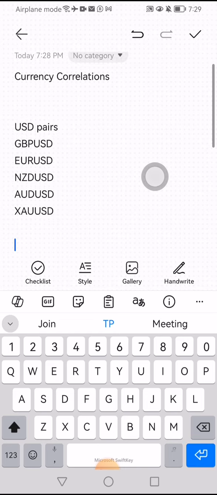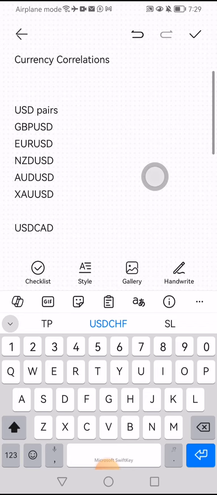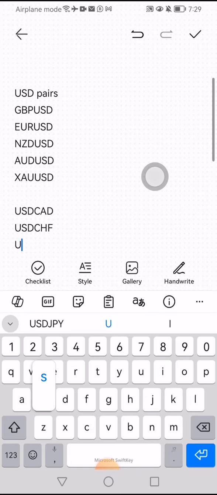And then we have these ones: USD CAD, USD CHF, and USD JPY, right? So if we have a strong dollar, the ones at the top are going to sell, because the dollar is strong.